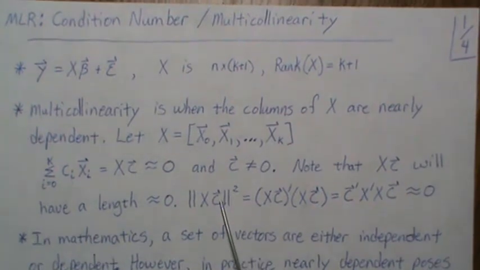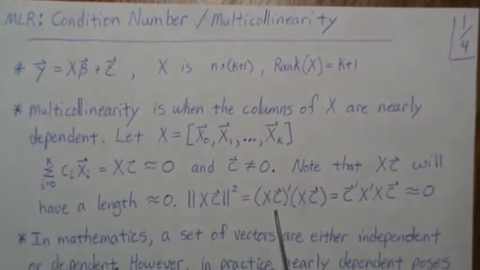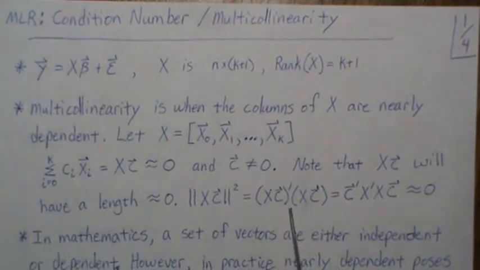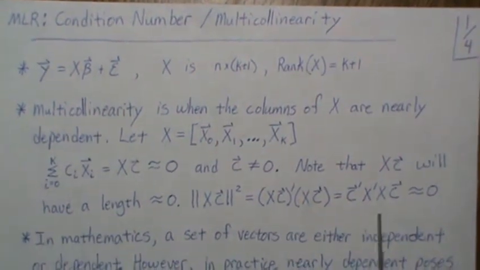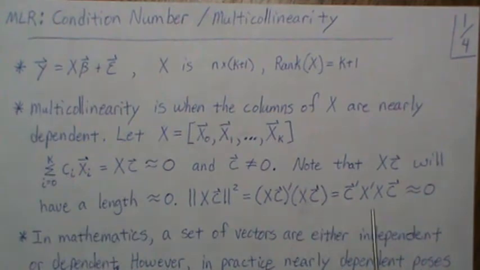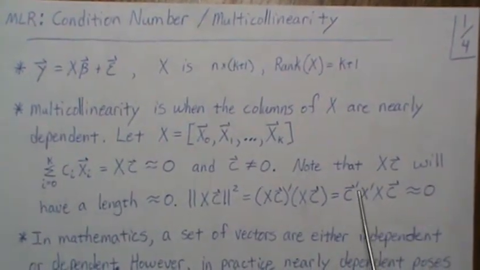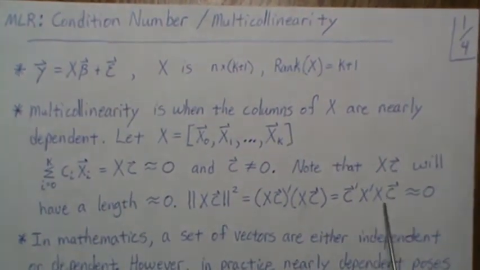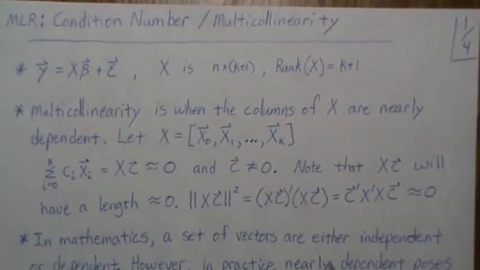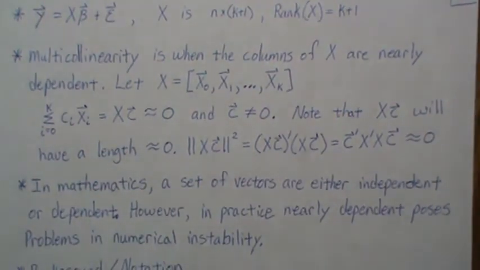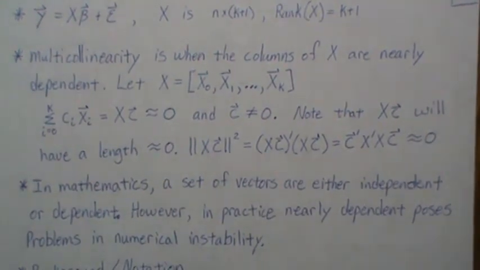So if we look at the squared length, which is defined as the dot product, assuming we're in the standard inner product, then transposed, it's this, which is close to 0. Now notice I'm going to point out this x transpose x because it's going to come back to us. Now in mathematics, it's clear: a set of vectors are either independent or they're dependent, period.